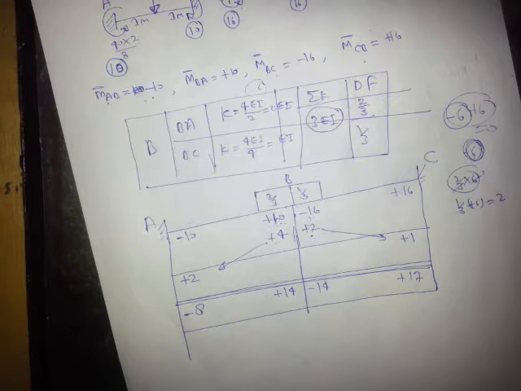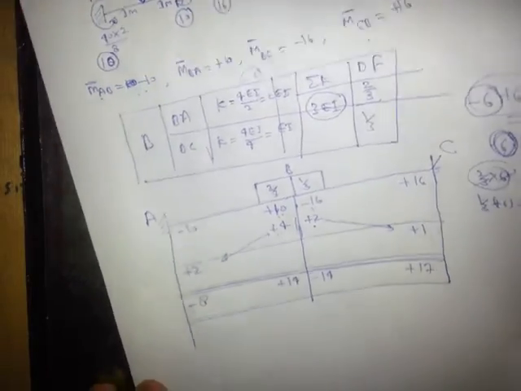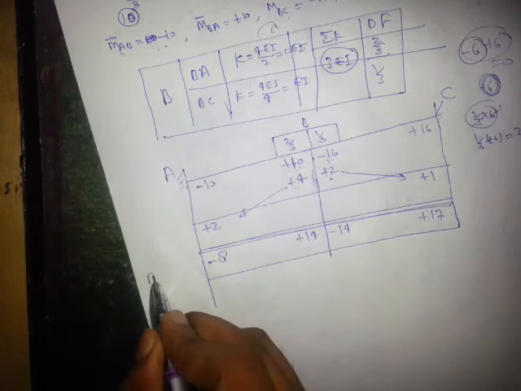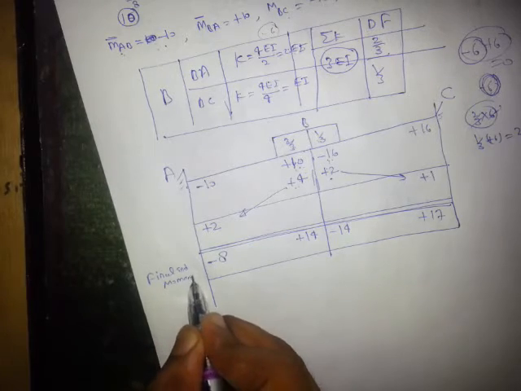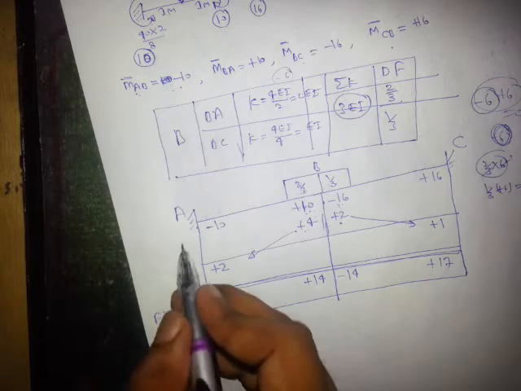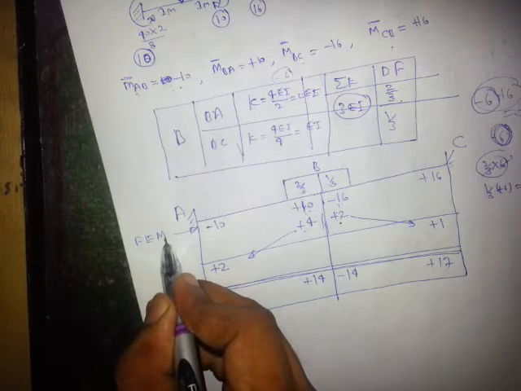Okay, now see how we will calculate. Now we have to draw BMD. Dear friends, these are the final end moments which we needed. This step is called FEM, fixed end moment.